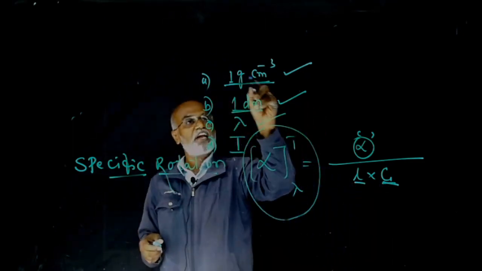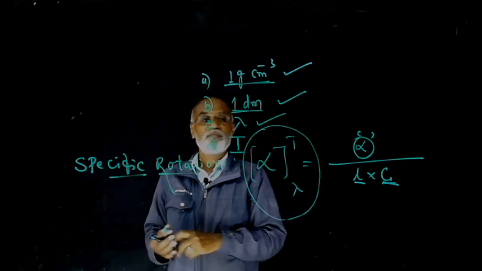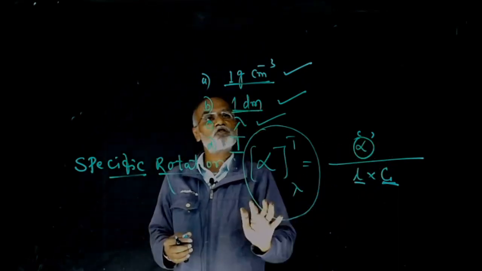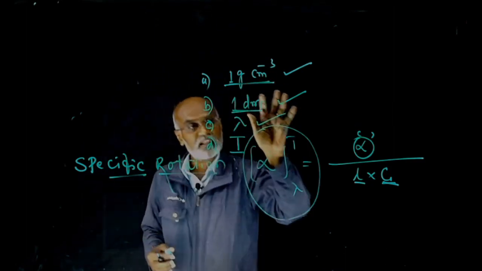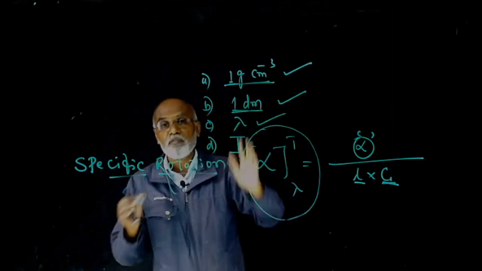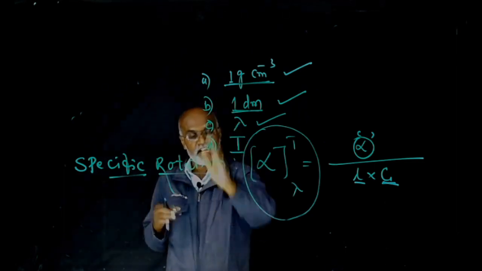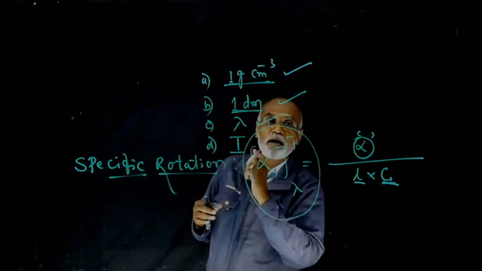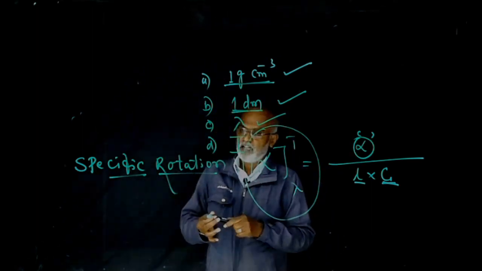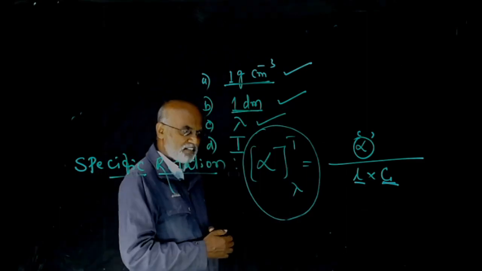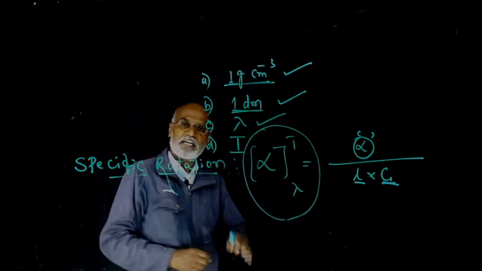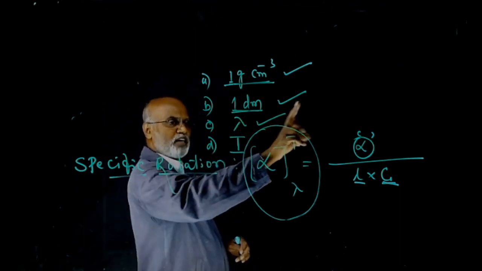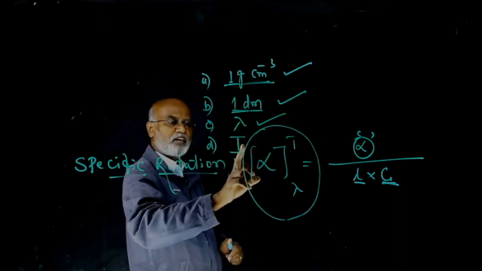When we change any one among the four, there will be a change in the angle of rotation. The angle of rotation depends on the concentration of the solution and the length of the solution. It also depends on the wavelength of the plane polarized light we are using, and on the temperature at which the angle of rotation is determined. So let me recall: specific rotation is the angle of rotation caused by an optically active compound with a solution concentration of 1 gram per cm cube with a solution length of 1 decimeter for a given wavelength at constant temperature.